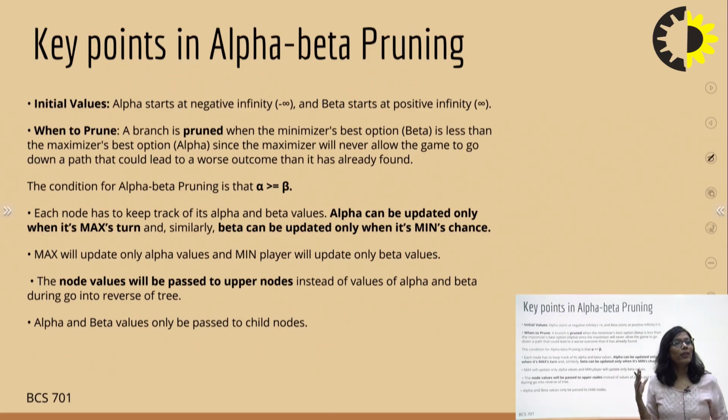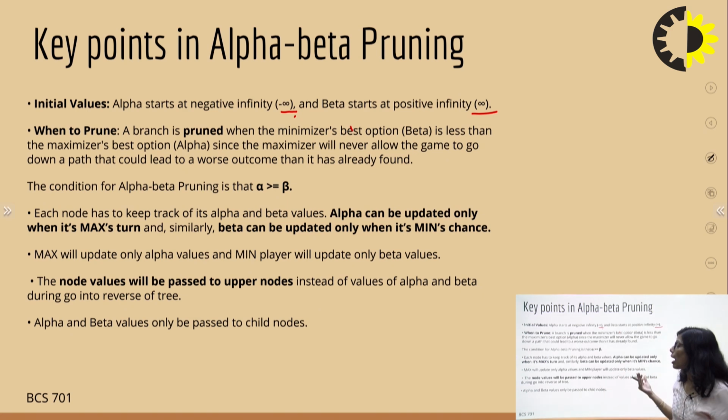Now, what are the various points that we need to consider for the pruning? First, alpha starts with minus infinity. It is the best value for a max node. So right now we start with minus infinity, and beta is the best value for your min node. So here the value is infinity. So it is the worst value right now. We started off with the worst value.